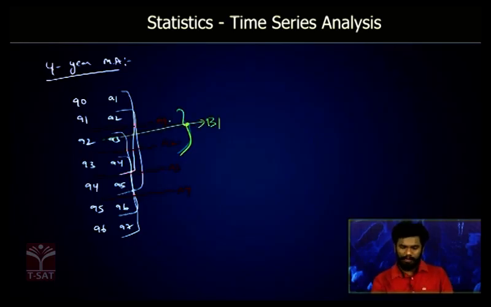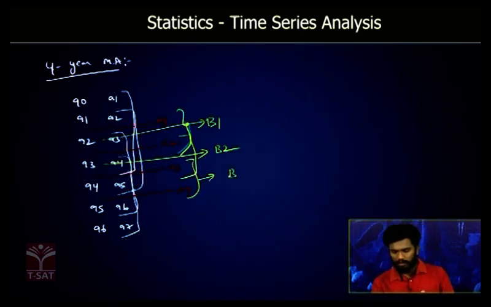Between A1 and A2 the middle is 92, so I will assign that average B1 to 92. And again take the average of A2 and A3, let us consider it is B2, and I will assign that B2 to 93. Likewise, the average of A3 and A4 is B3, I will assign that to 1994.